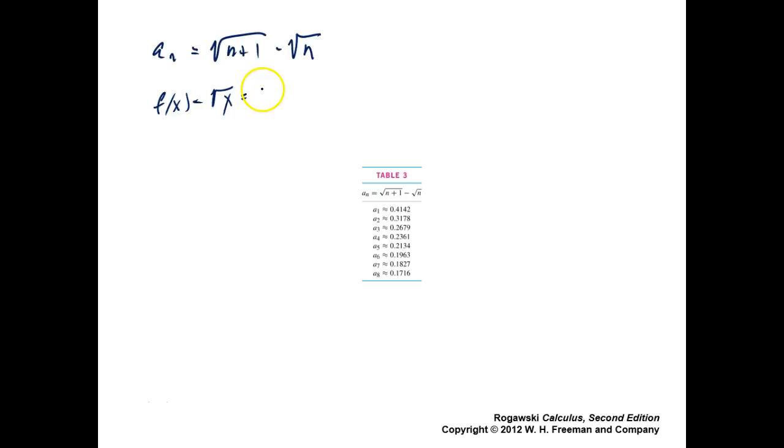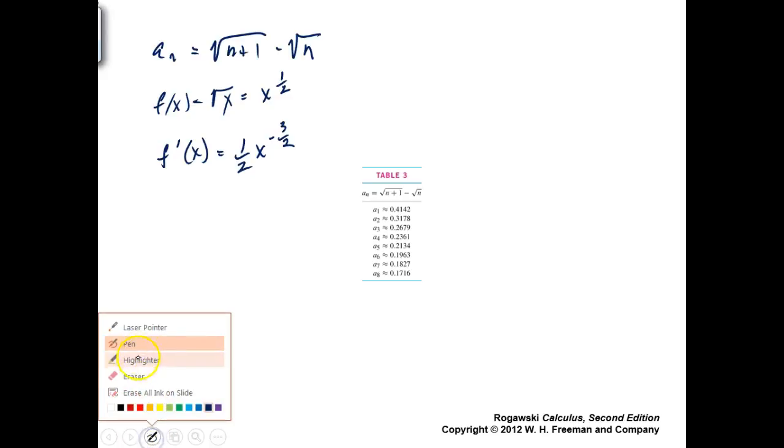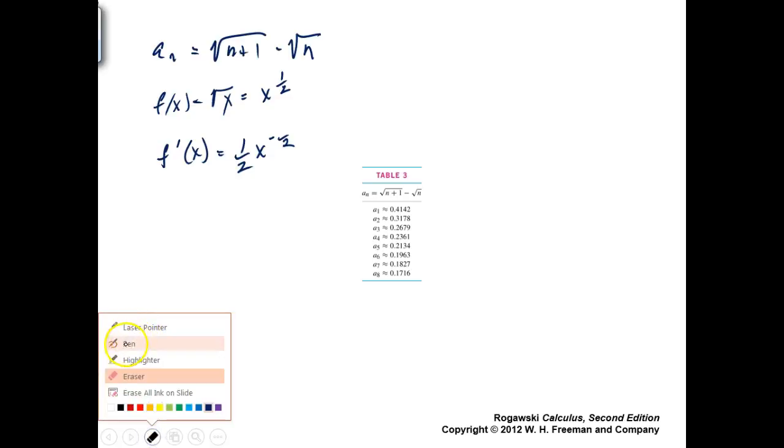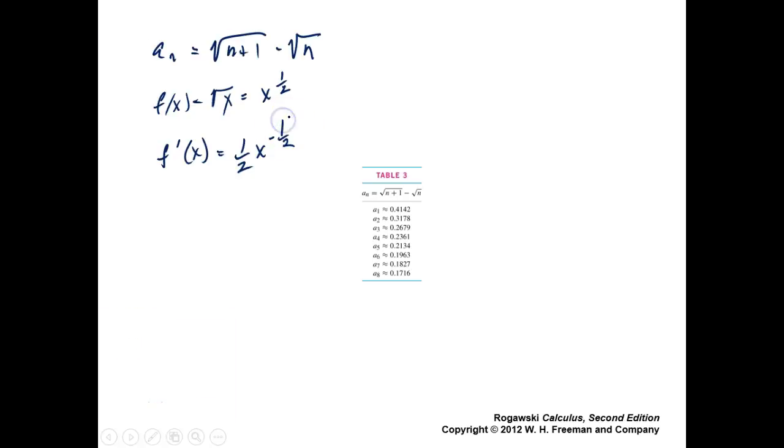What would that be? x to the 1/2. So what we have to do now is figure out what f prime is. What would that be? One half, minus 3/2, right? No, wait, minus 1/2, I'm sorry. I was doing the next derivative. Minus 1/2, because you subtract 1 from it.